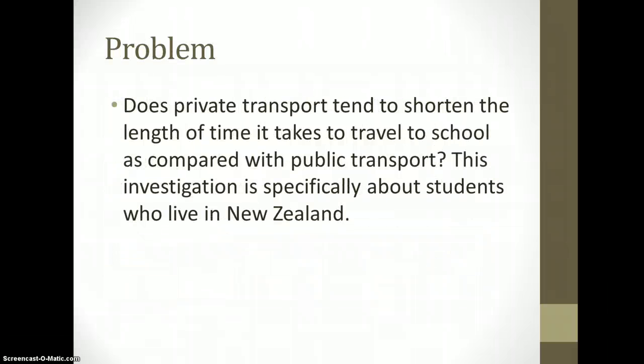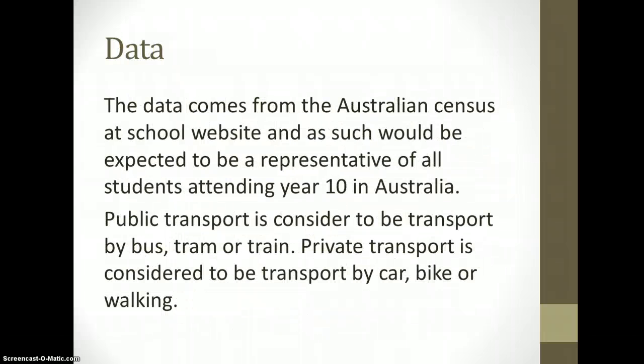And in fact, it talks about New Zealand and not Australia. It should talk about Australia. Public transport is considered to be transport by bus, tram or train. That's me defining the variable of public transport. It's important to put that in the section of data. Private transport is considered to be transport by car, bike or walking.